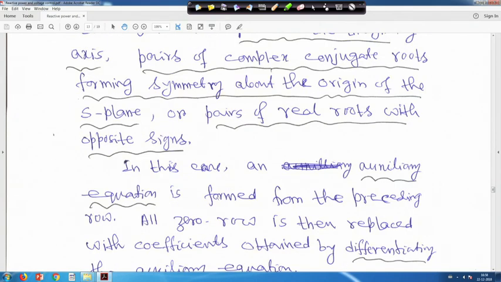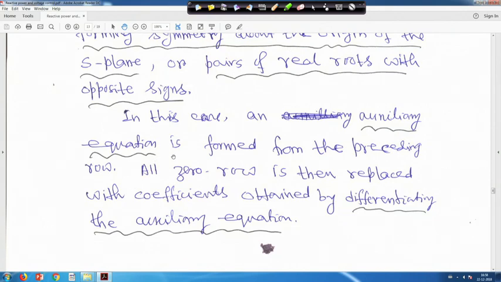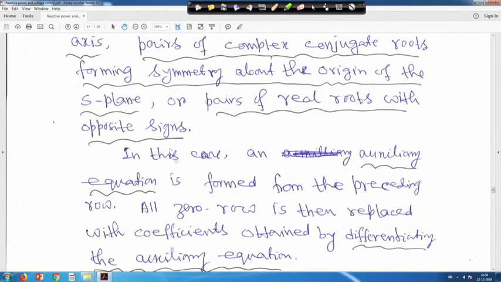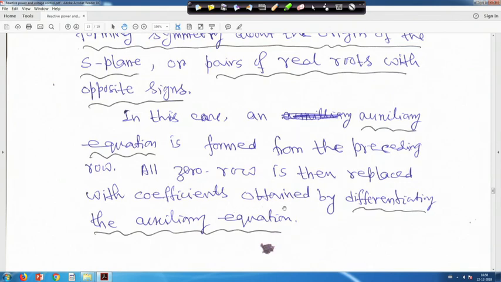In this case an auxiliary equation is formed from the preceding row, and the all-zero row is replaced with the coefficients obtained by differentiating the auxiliary equation.